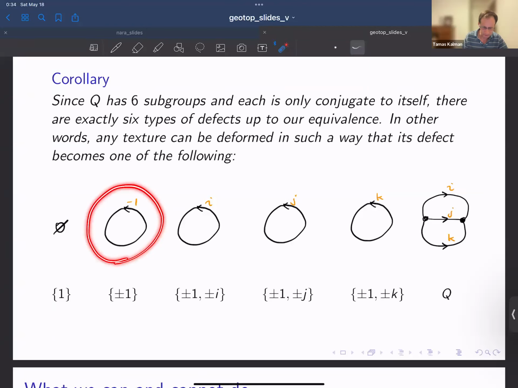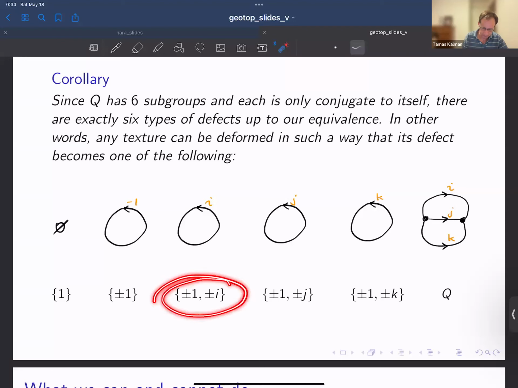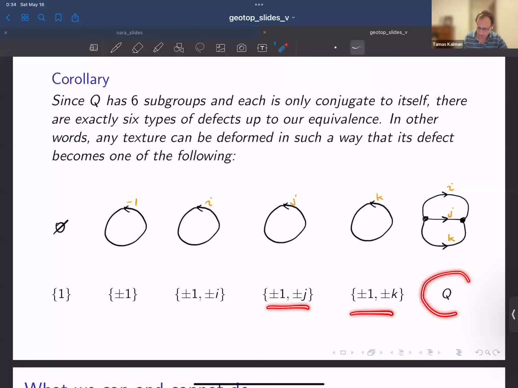There is some big defect configuration, but in fact all labels in it are just -1, and then it's going to be equivalent to this very simple configuration, equivalent under all those moves that I have given you. Well, there is maybe a single case of I, so that's when the subgroup is the one generated by I, or by J, or by K, or maybe you have the entire Q, and as a representative of that case, I chose the theta graph, whatever that is.